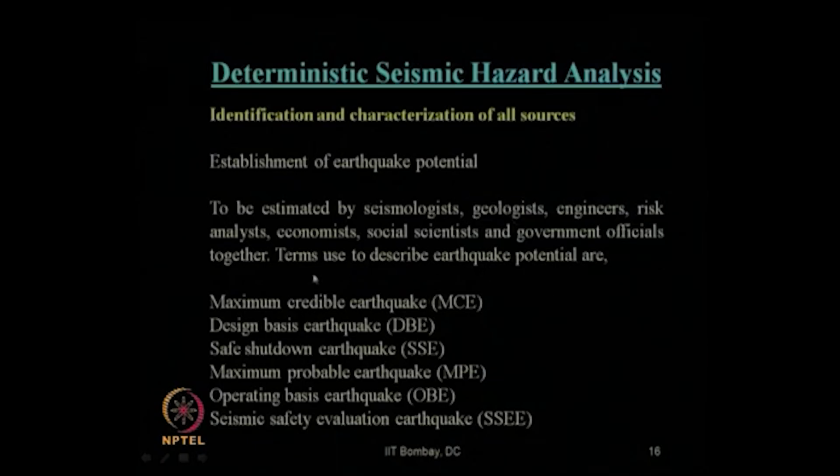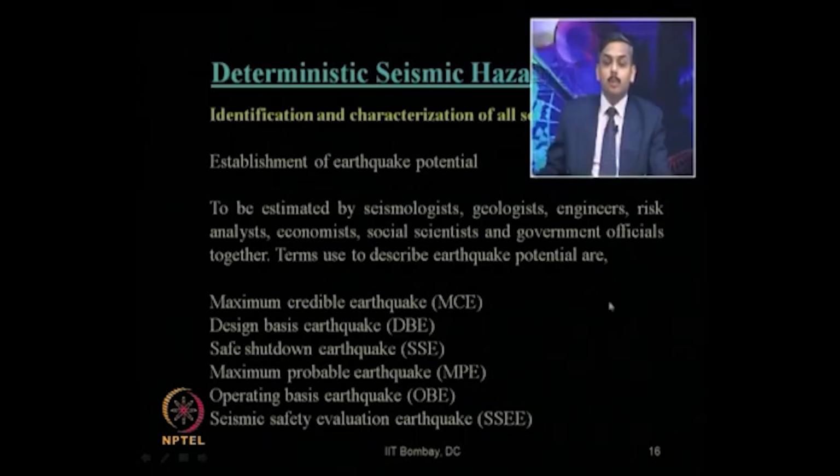Now, what are the various technical terms which are used to describe the earthquake potential? These are listed over here. These are common terms used to describe this earthquake potential. First one is called maximum credible earthquake, short form MCE. Next is design basis earthquake, DBE. Another terminology is safe shutdown earthquake, SSE.